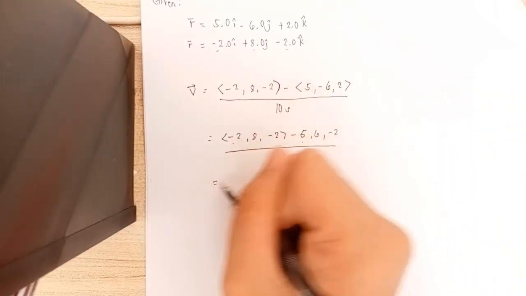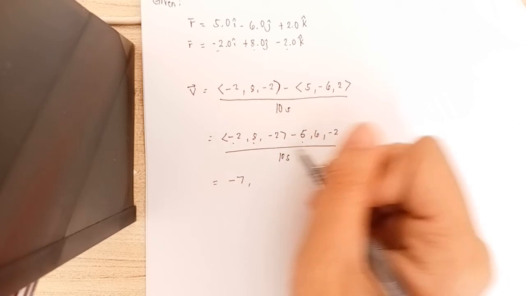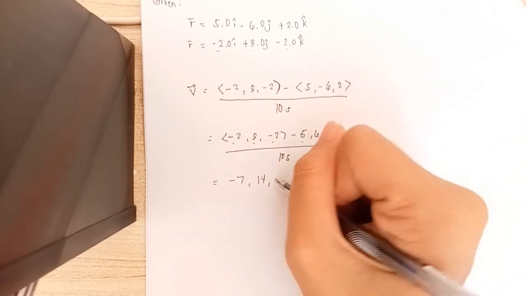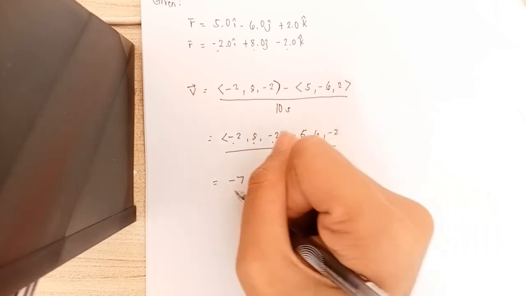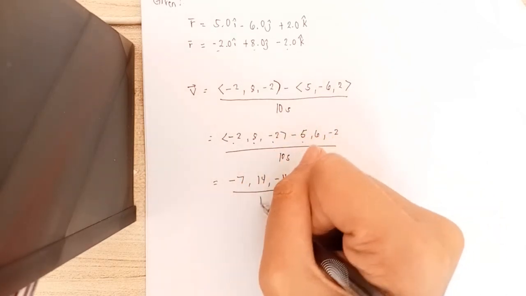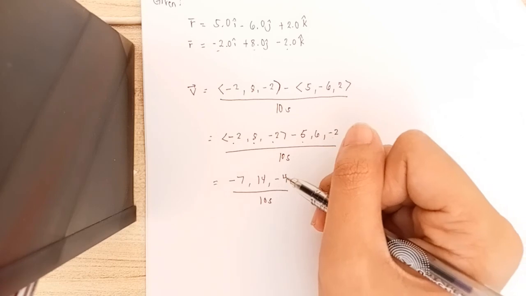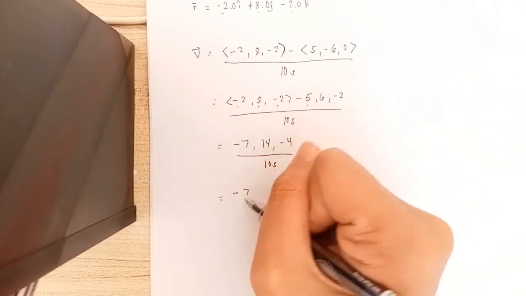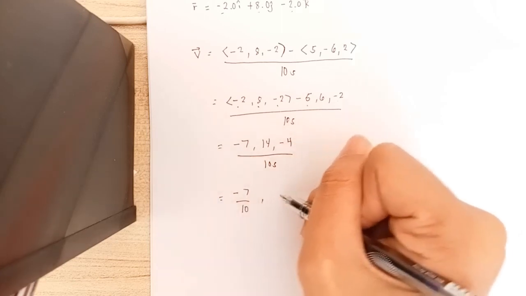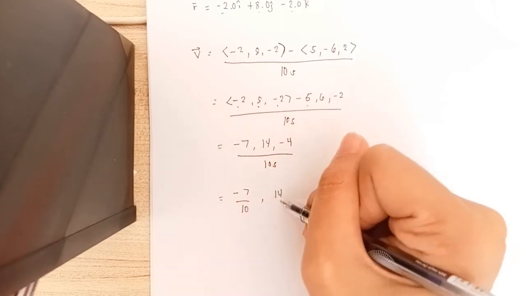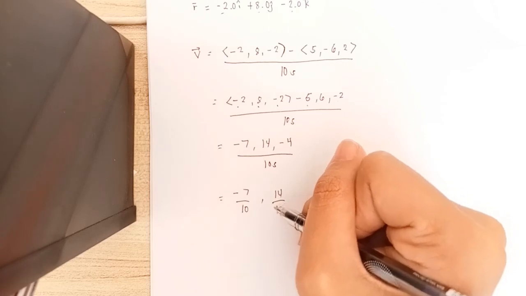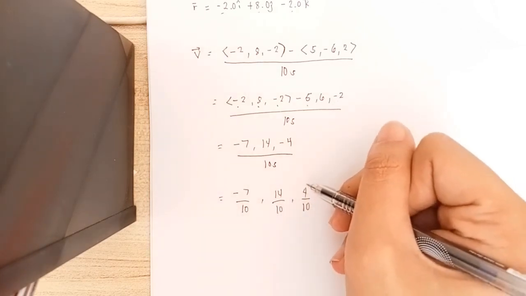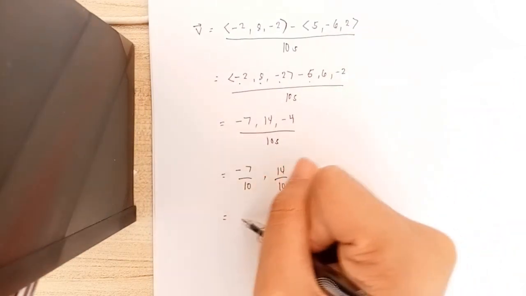So, equals negative 7, 8 plus 6 is 14, negative 2 is negative 4 all over 10 seconds. Tapos, pag iiwalayin natin sila, that will be negative 7 over 10 seconds, comma, 14 over 10, comma, negative 4 over 10.